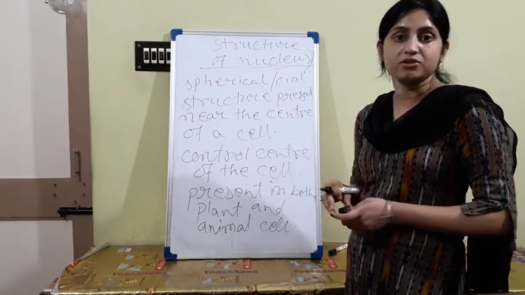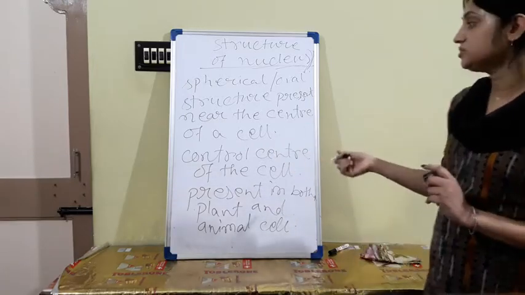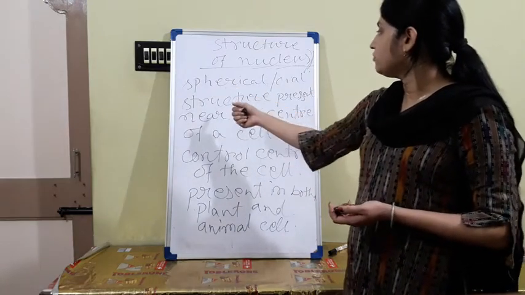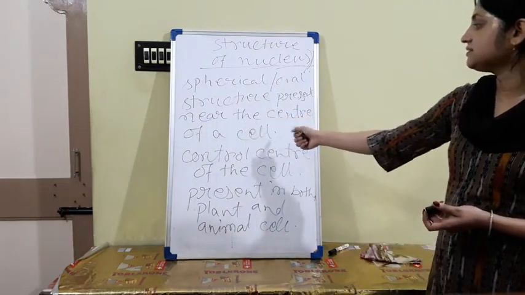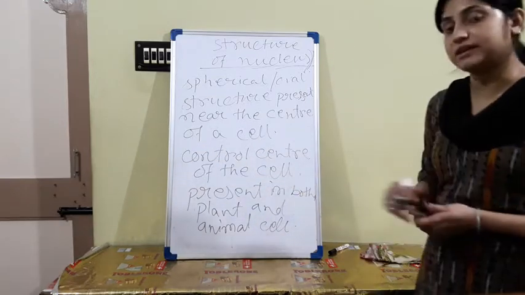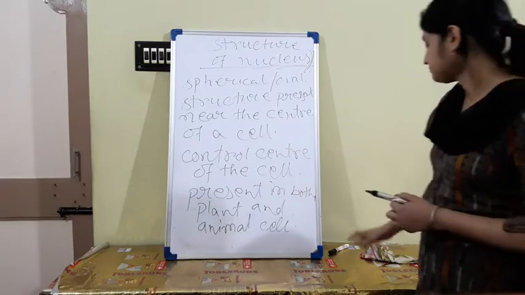If the nucleus is not present, the cell cannot perform anything. So that is the most important part of a cell: the nucleus, a spherical or oval structure present near the center of a cell, the control center of the cell, present in both plant and animal cells.